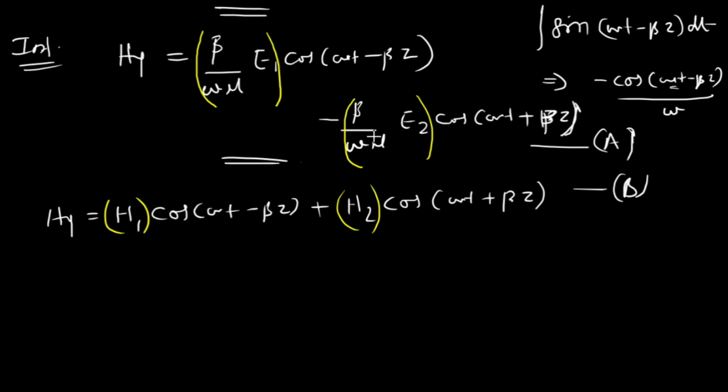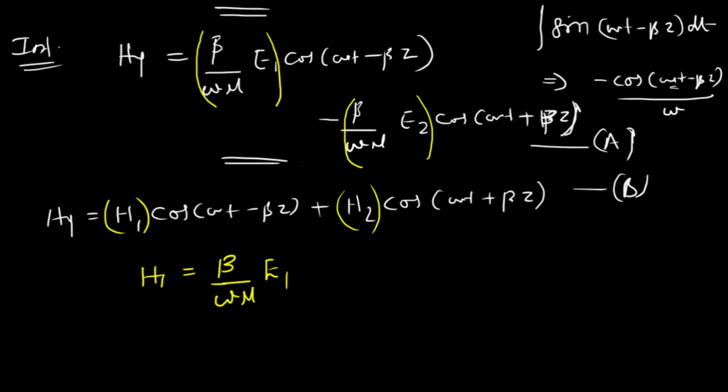So H1 can be equated to beta by omega mu into E1. Similarly, I can write for H2 also, but I am just interested in one. I just found a relation between H and E. So we get H1 equal to beta by omega mu E1.